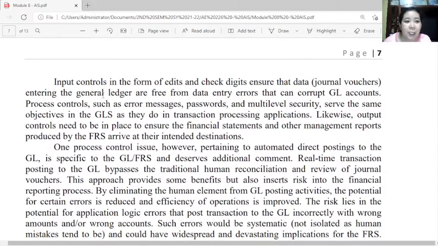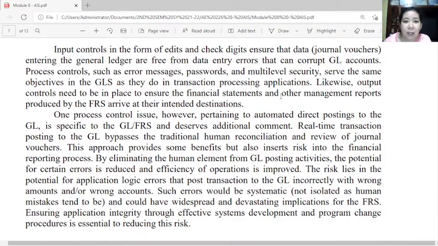And of course, for our IT application controls. Okay, for input controls, basically this is in the form of edits and check digits. Okay, so it will ensure that data coming from the journal vouchers entering our general ledger are free from errors that can corrupt the general ledger accounts.